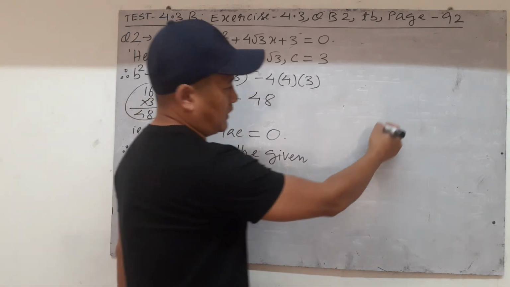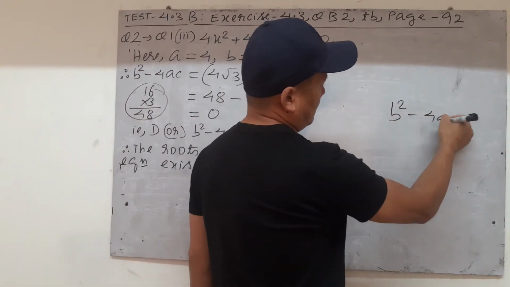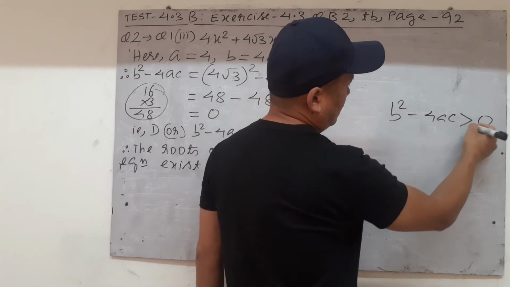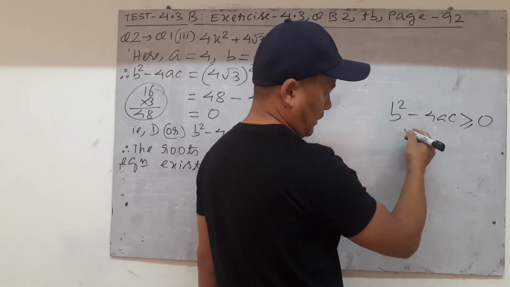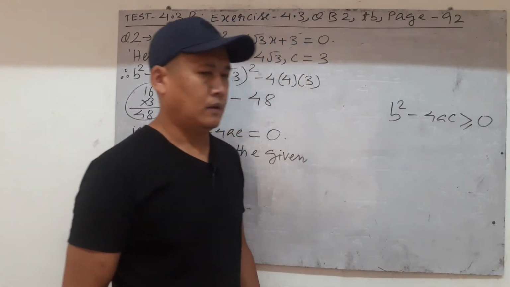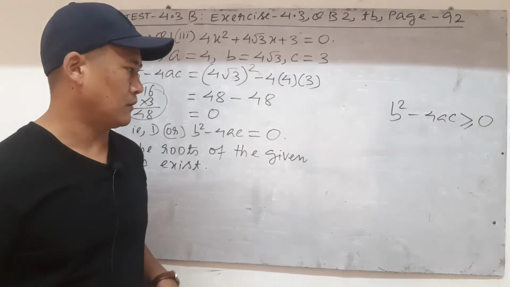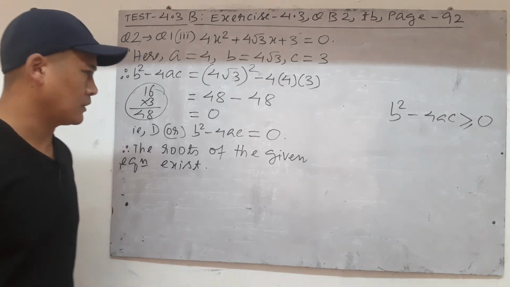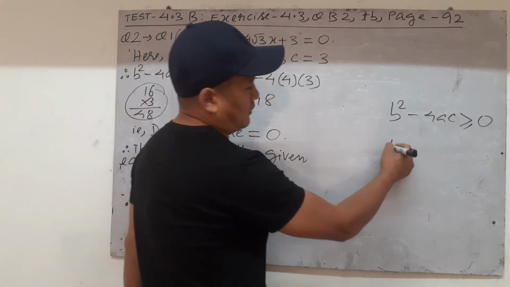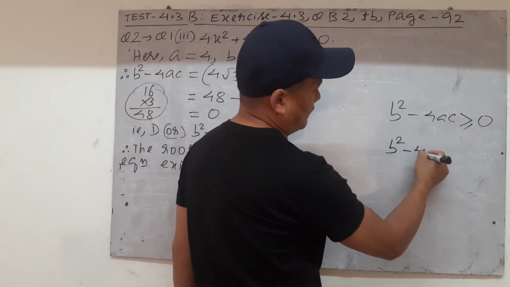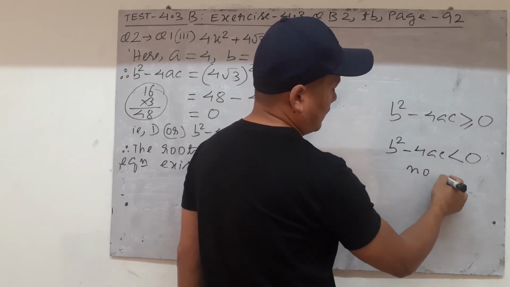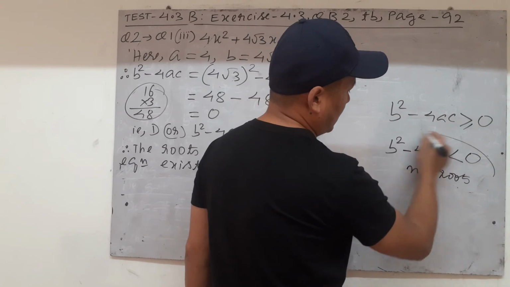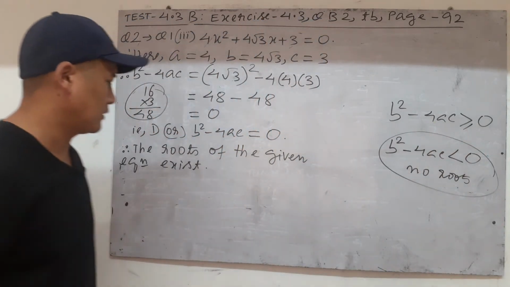Because in the beginning we learned that if b square minus 4ac is greater than 0 or at least equal to 0, then they have roots. The roots exist. That's what we discussed. So equal to 0, so they have roots. And this is the only condition where b square minus 4ac is less than 0, then no roots. This is the only condition where we need not solve because there are no roots, no real roots.